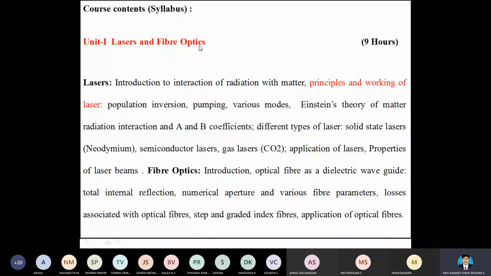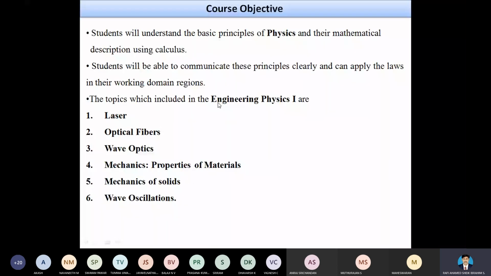Objective. So as I informed, we have considered the laser, we know where all the lasers are applicable. The lasers are used in all the sectors, not only in application of engineering, but they are used in food processing, they are used in medicine, they are used in space satellites.